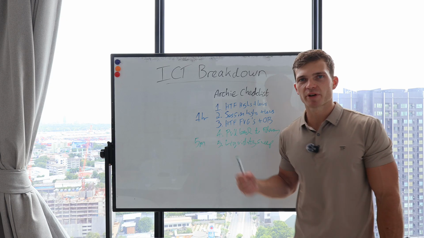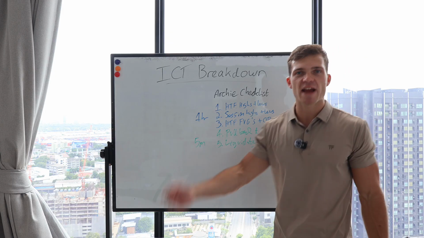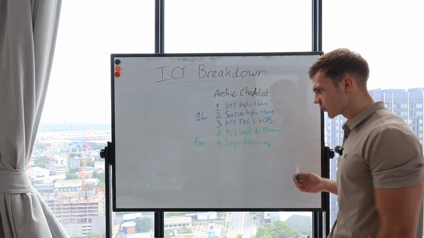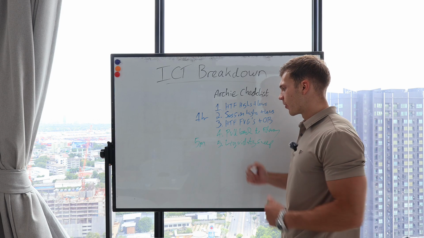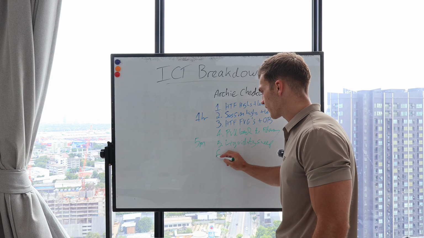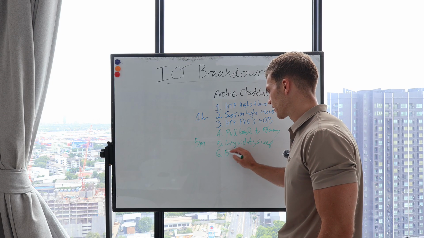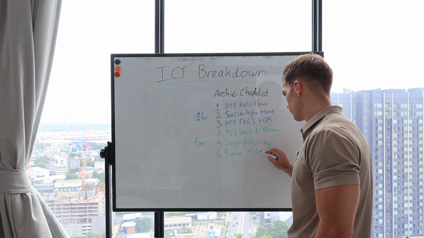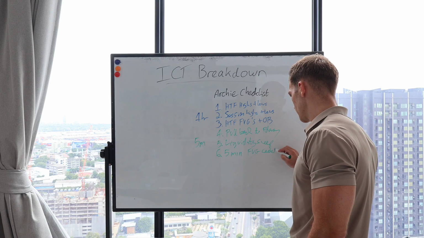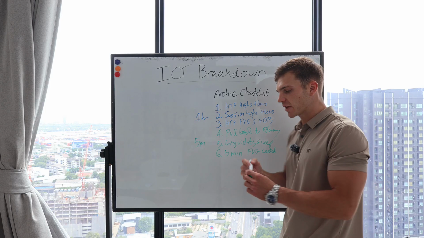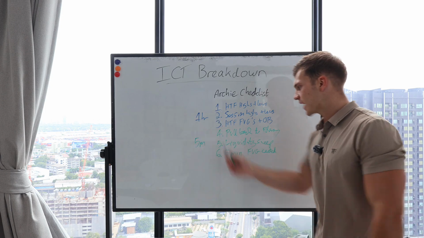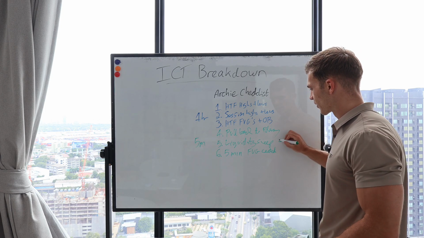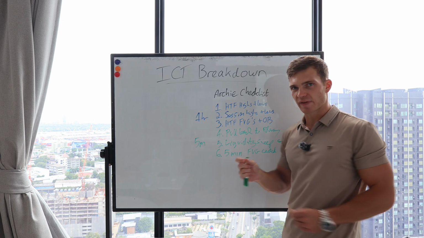But of course, we don't want to predict the market, we're waiting to react to the market. So I don't want to do anything yet until I see a 5-minute fair value gap get created. And that wants to be created on the move down, which is taking the liquidity, okay? So that is very important.